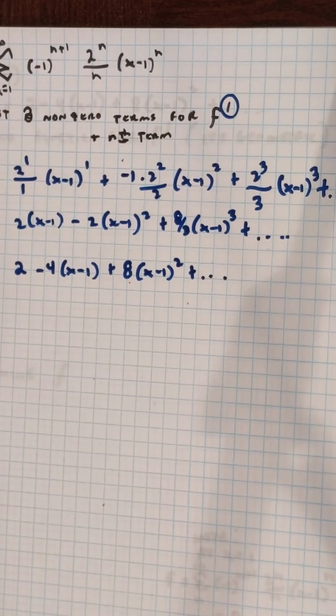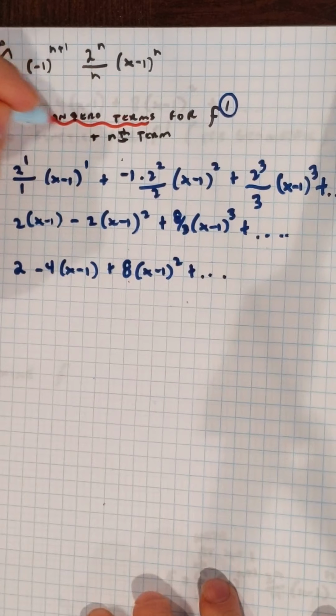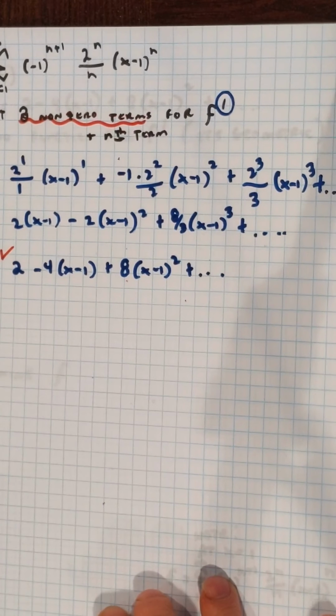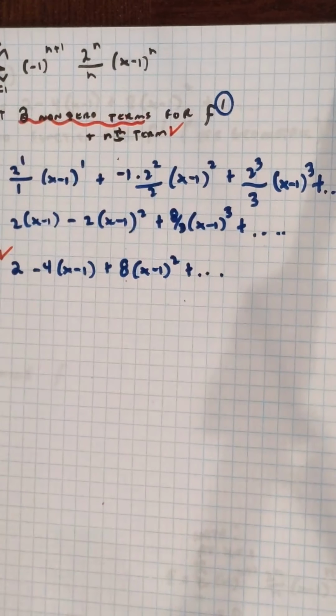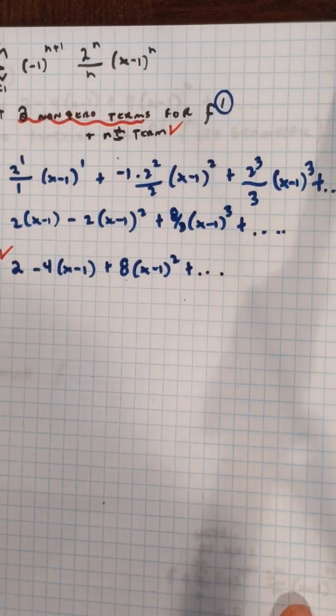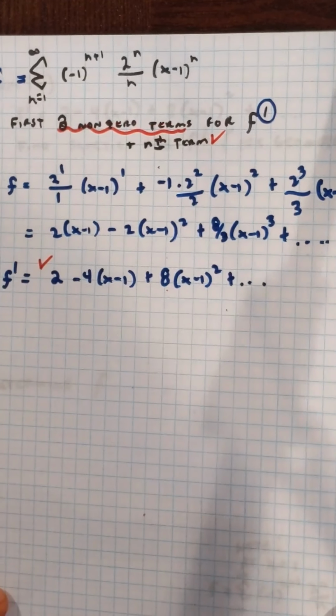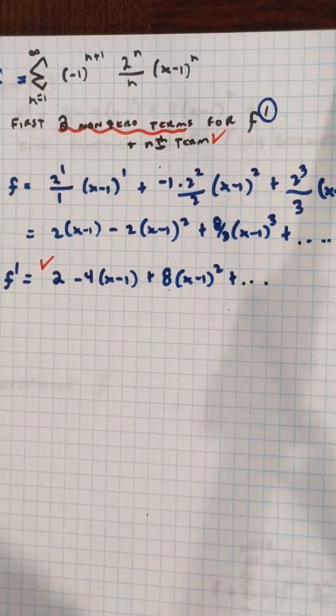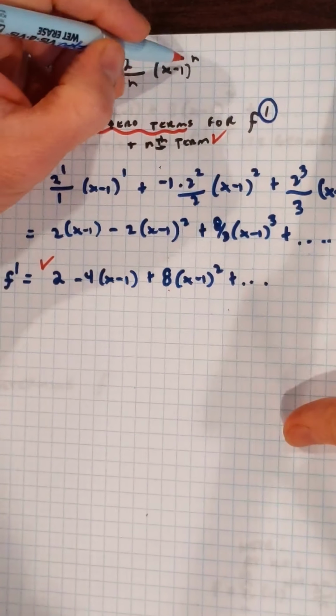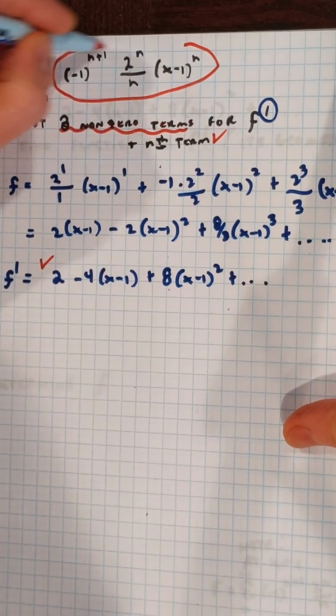The question also says find the first 3 terms, which I did. Now it wants the nth term. So I'm going to do that separately and treat it as a separate kind of problem. All right, so this right here is the nth term.